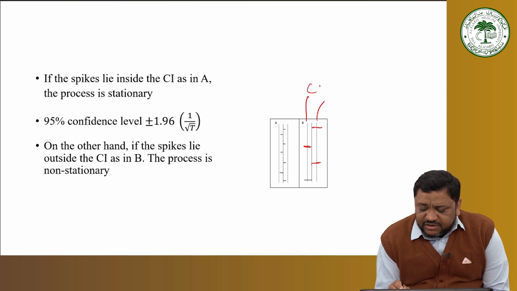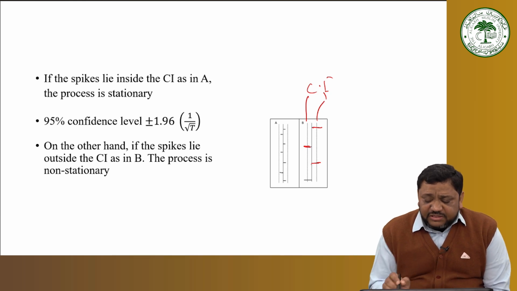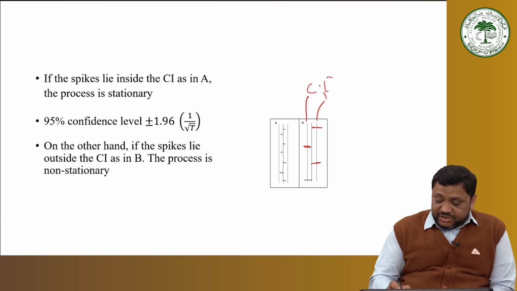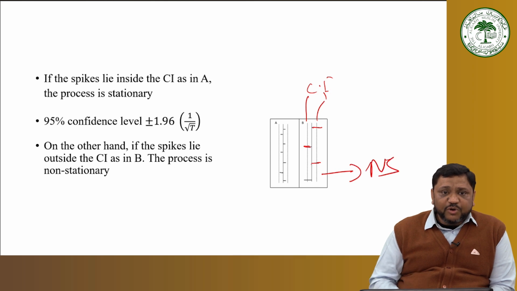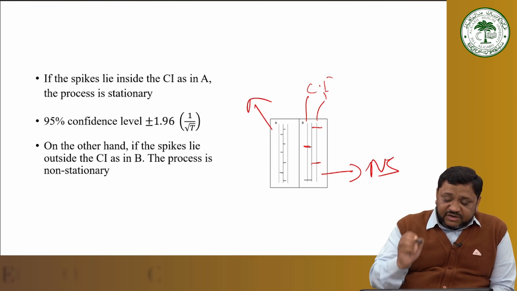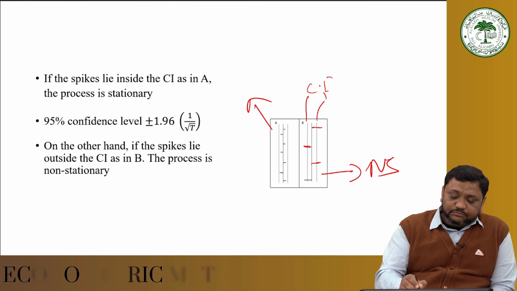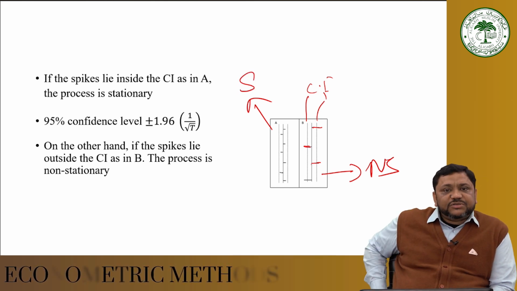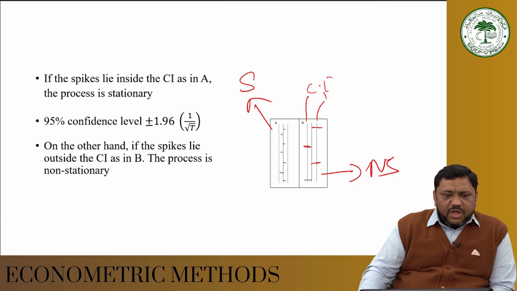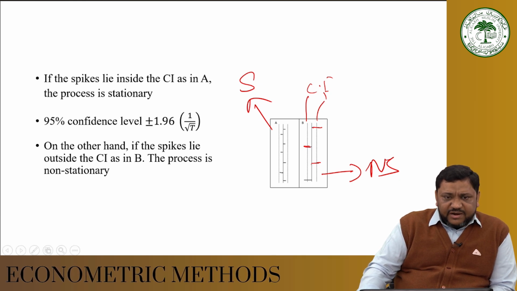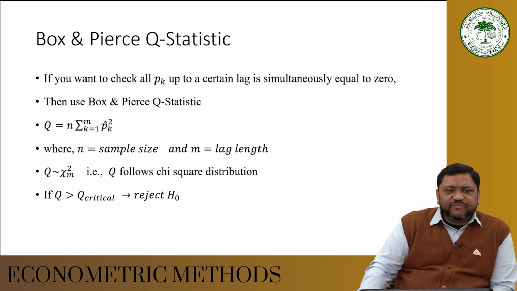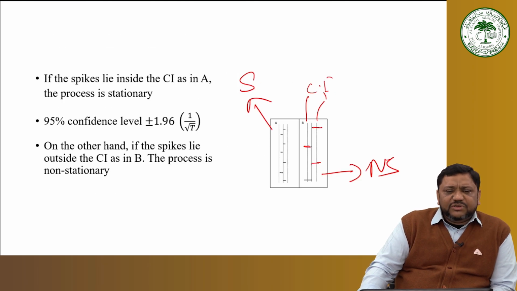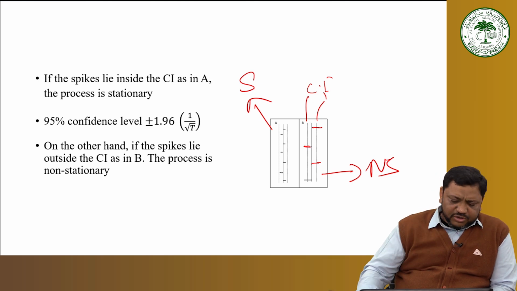If these spikes are greater than the confidence interval, then the process is non-stationary. This is an example of a non-stationary process, and if the spikes lie within this interval, this is a stationary process. So this is basically your diagram for the correlogram, which you will find normally in any book on time series, or even when you discuss autoregressive integrated moving average models.